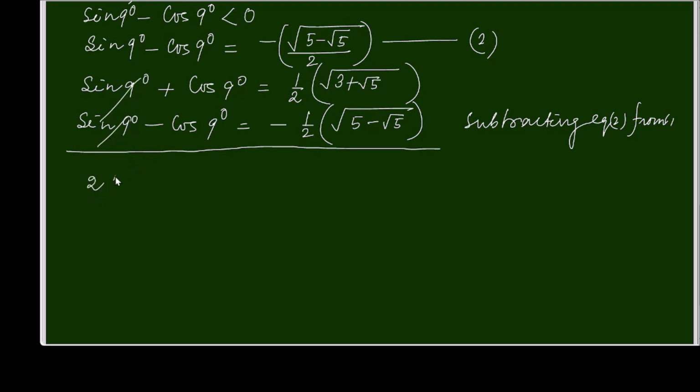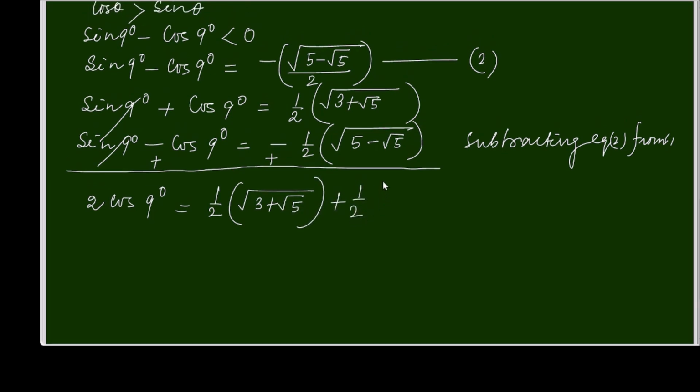It will be 2 cos 9° equals, you are subtracting this, so it will be half of √(3 + √5) plus half of √(5 − √5).